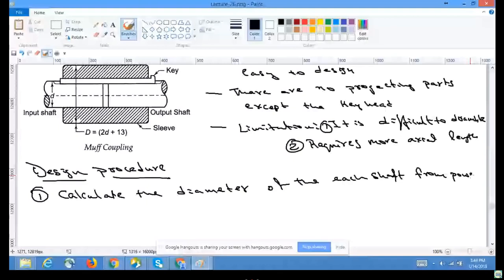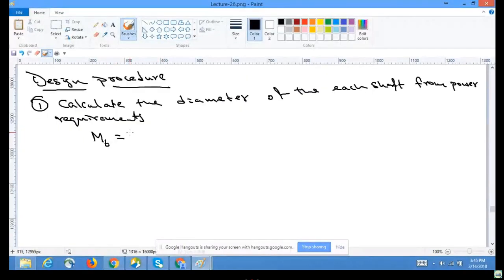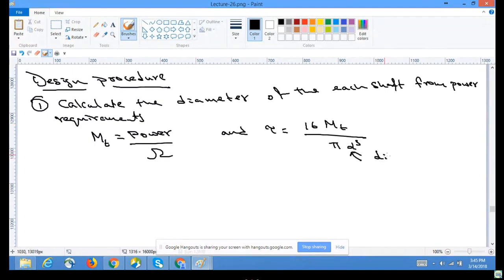Its main purpose is to transmit the power. The power is related by this, and the shear stress is tolerated by this condition. If you use the inverse formula, you can determine the diameter. So given the torque T and shear stress tau, you can calculate the diameter from this.